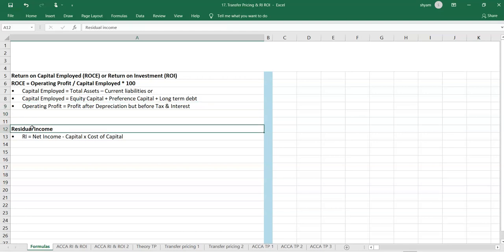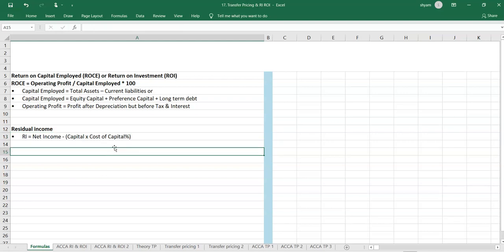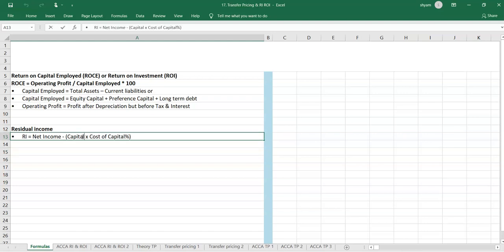And the other formula is residual income. Residual income equals net income minus capital, and this should be in brackets, into cost of capital percentage. Usually the cost of capital will be a percentage number, and here the capital is again capital employed.